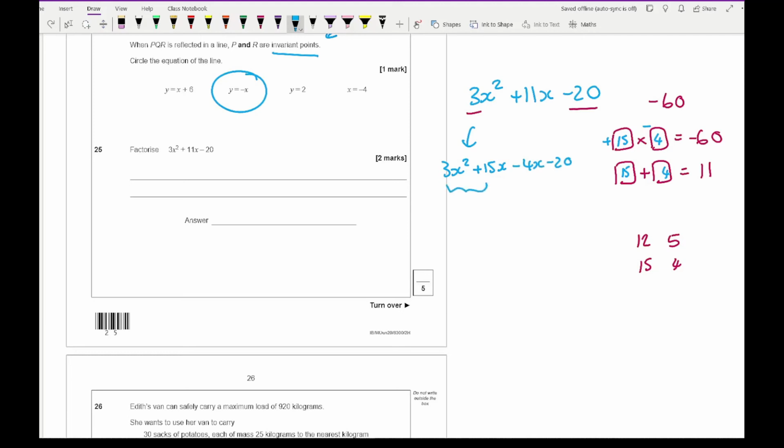Then I want to factorize the pairs, so I get 3x, and then x plus 5, minus 4, x plus 5. So then, oh, that should be an x there, and that's correct. So my two brackets are going to be 3x minus 4 and x plus 5.